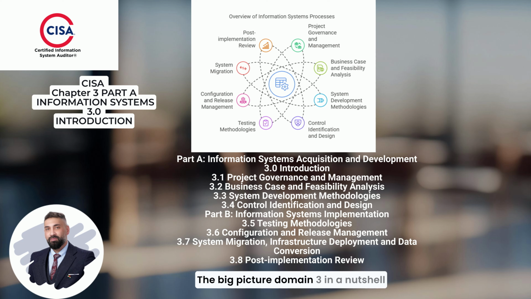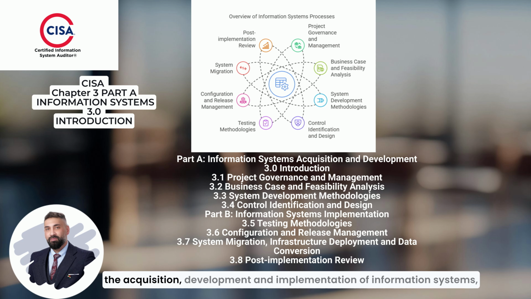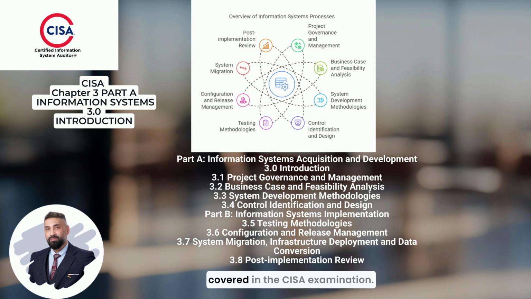The big picture: Domain 3 in a nutshell. Let's break it down. When we talk about the acquisition, development, and implementation of information systems, we're essentially discussing one of the core domains covered in the CISA examination. This domain makes up 12% of the total exam content and addresses every phase of an information system's lifecycle, from the birth of an idea to the final post-implementation review.